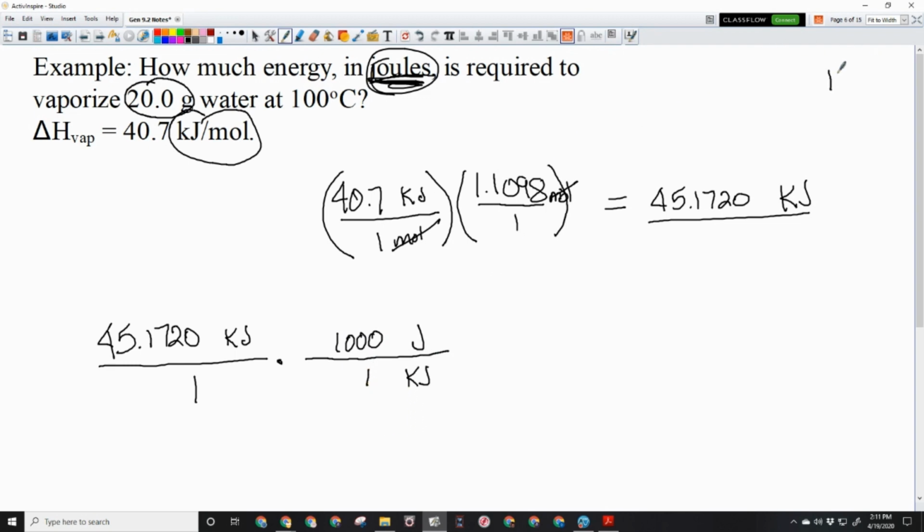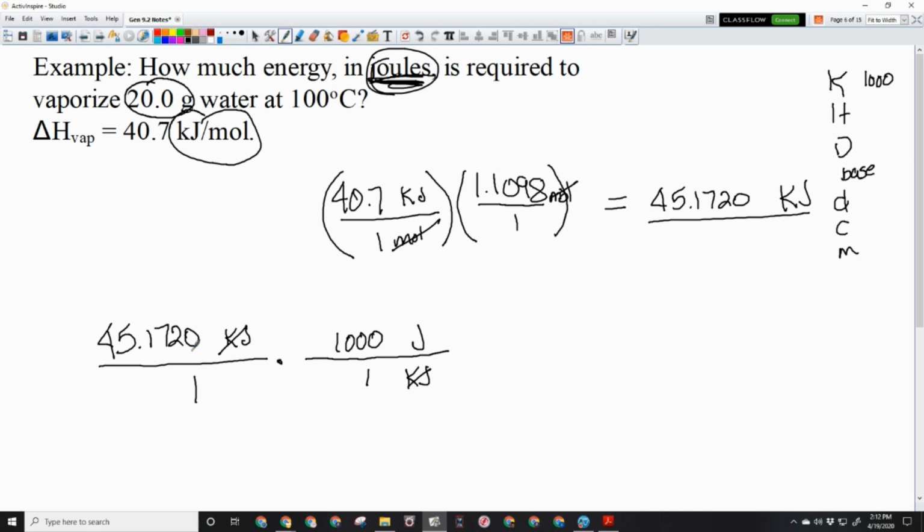Because remember, King Henry died by base drinking chocolate milk. So kilo is 1,000 times your base. So 1,000 joules in a kilojoule. All right, so my kilojoules cancels, and so I'm just going to multiply this by 1,000.